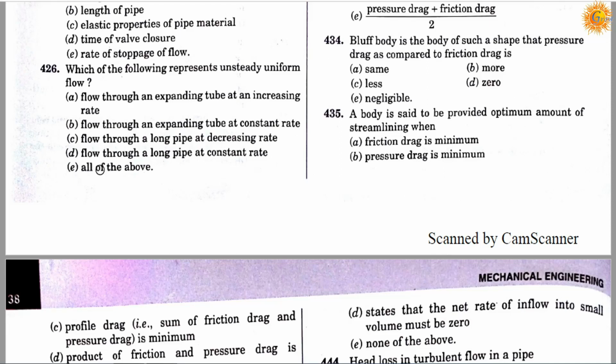So correct answer is C, flow through a long pipe at decreasing rate, which represents unsteady uniform flow.